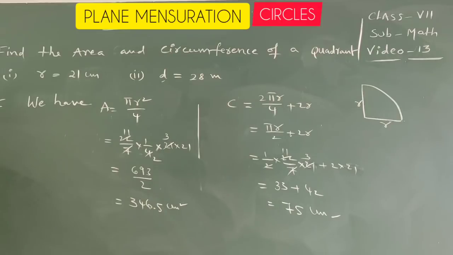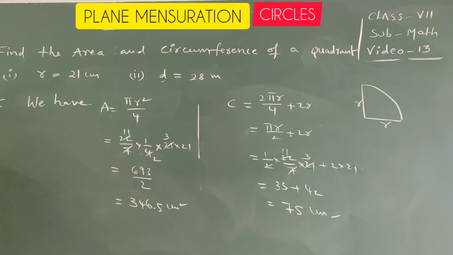In case of r, pi r square by 4 and 2 pi r by 4 plus 2r.